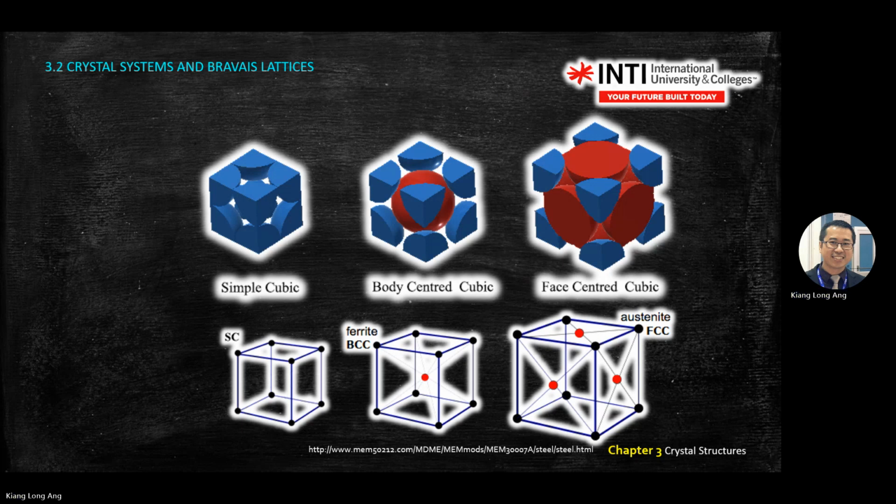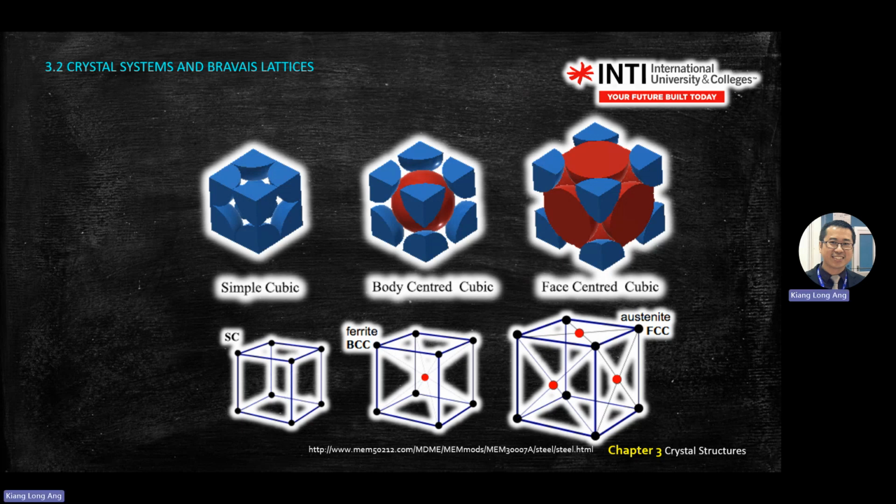Another one, FCC, face. Face means in 1 cube, how many faces do you have? 1 cube, 6 faces, so each face will have 1 red dot at the center of the face. Can you imagine? This is three-dimensional. So if it's body, it means only 1 complete sphere at the center.